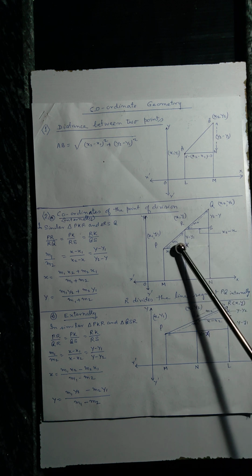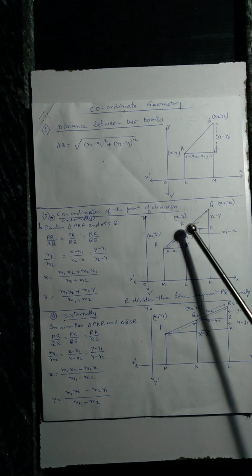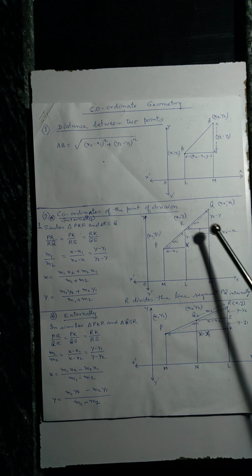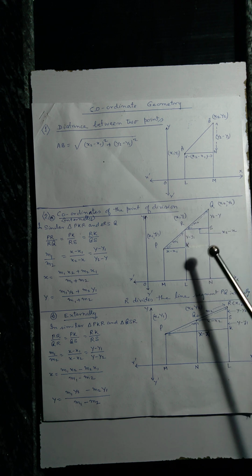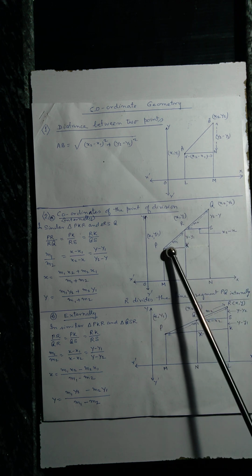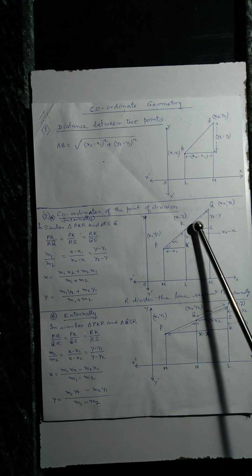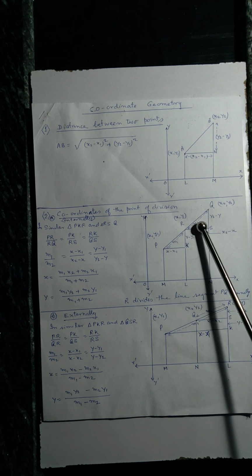There are 2 similar triangles, PKR and RSQ. These are similar because their corresponding angles are equal.